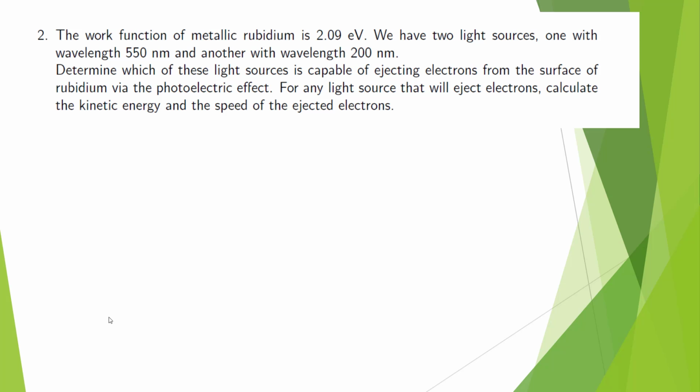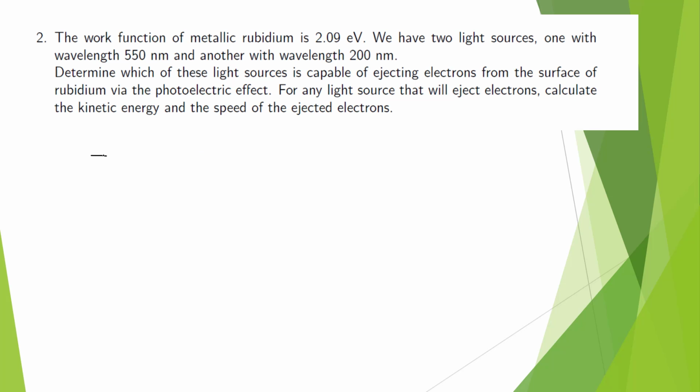So we're given that the work function of metallic rubidium is 2.09 electron volts, so we can write that down. Uppercase phi, which is the work function, is equal to 2.09 electron volts. We also know that the work function is equal to h, Planck's constant, multiplied by v naught.